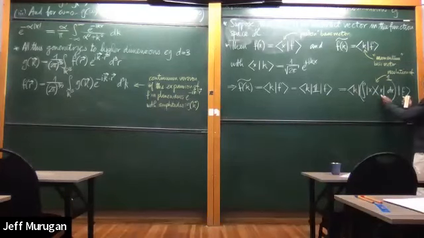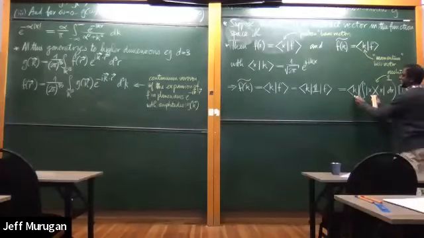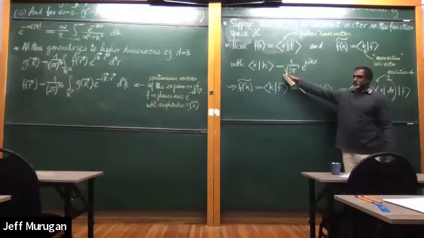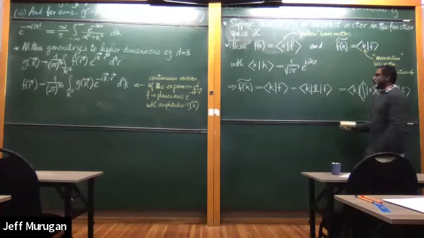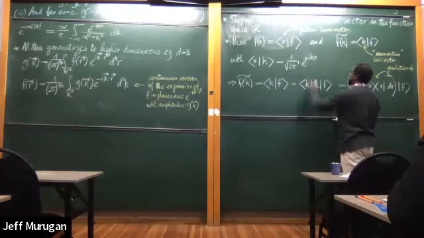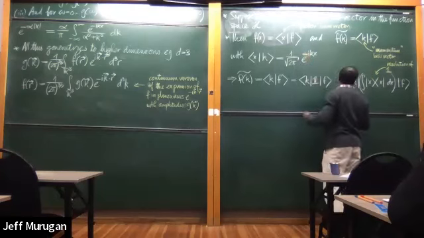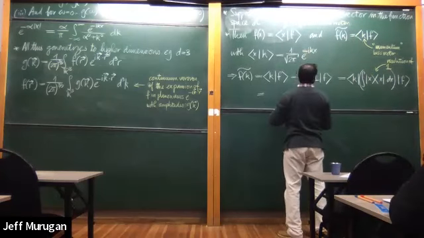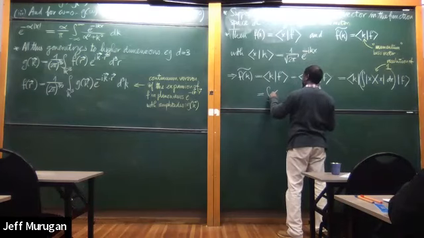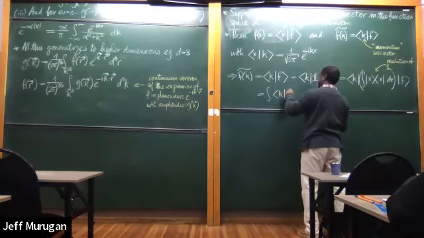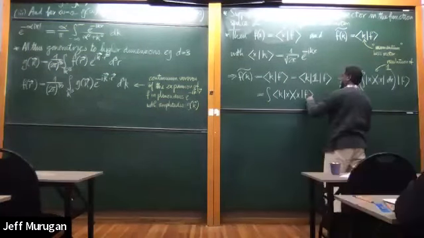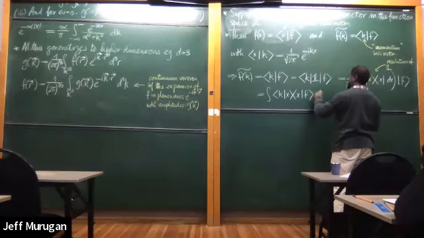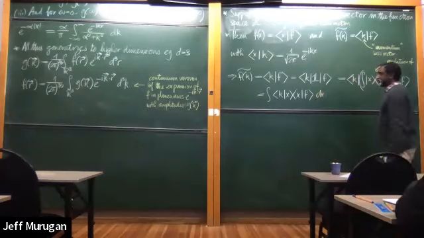And k inner product x is the complex conjugate of x inner product k, which just changes this sign here, and it tells me that this is just the integral of k inner product x, inner product f, dx.